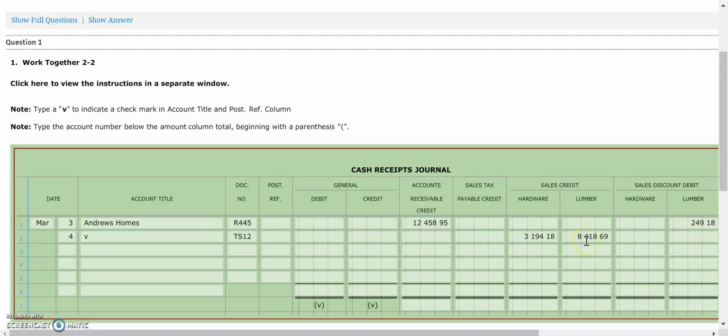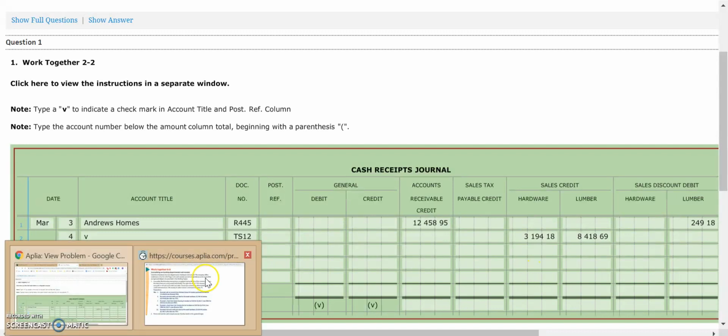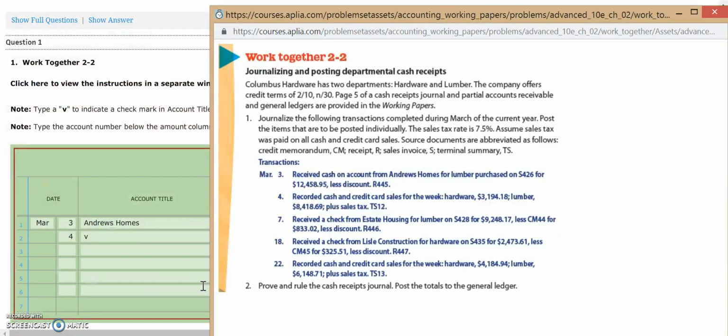Now, what we need to do in order to figure out our sales tax is add both of those numbers together. So we take 3,194.18 plus 8,418.69, and then we get a total, hopefully on your calculators, of $11,612.87. Remember that sales tax is 7.5%.